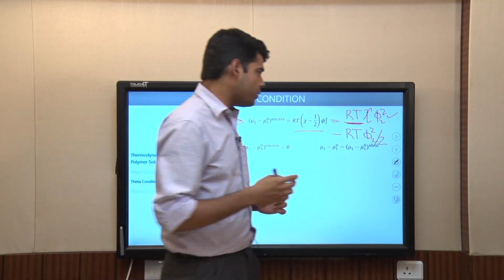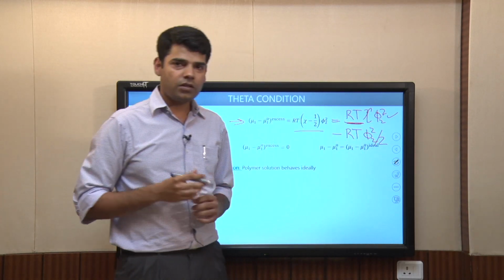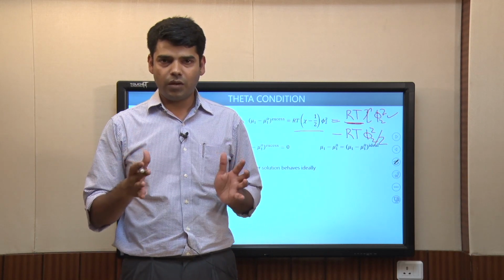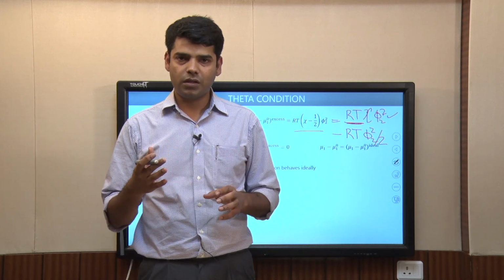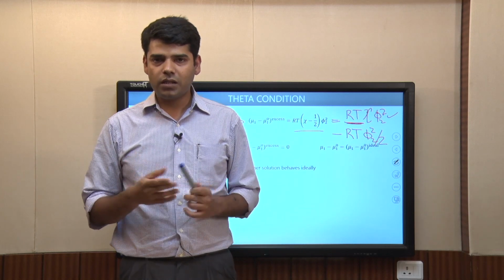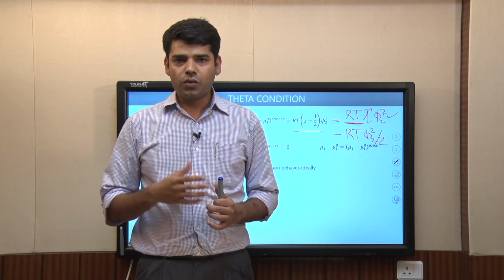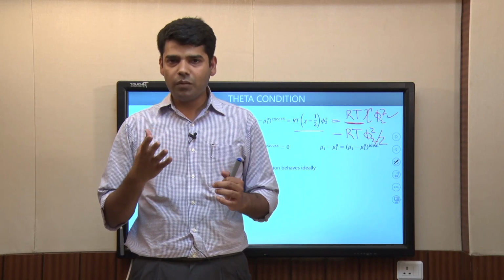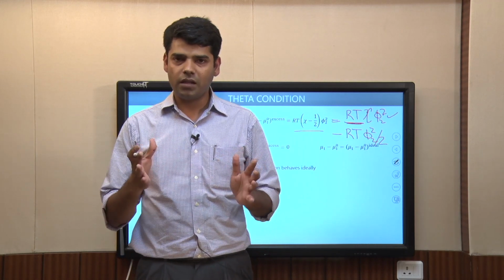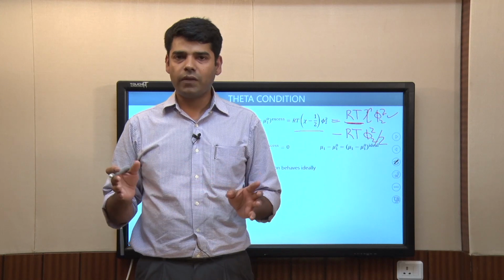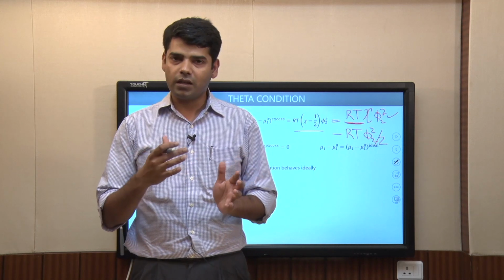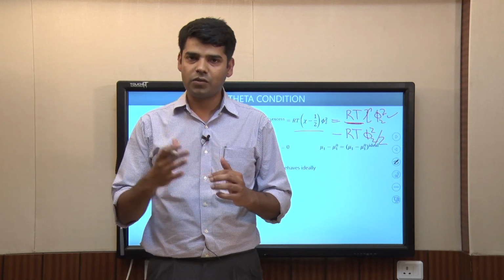Such a condition is referred to as a theta condition, where the polymer solution behaves ideally, and such a solution is referred to as a theta solution. In our previous discussion of real polymer chain behavior in solution, in a good solvent the chain expands, and in a poor solvent the chain tends to contract because it does not like interacting with the solvent molecules.